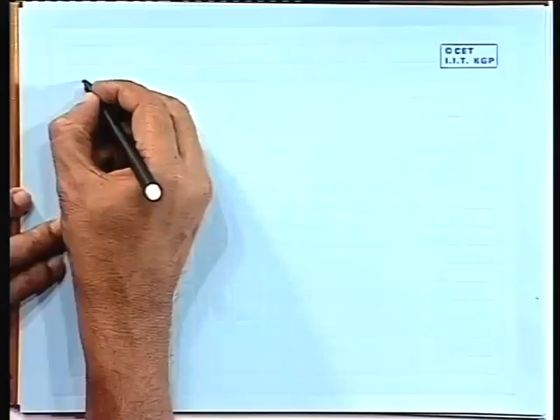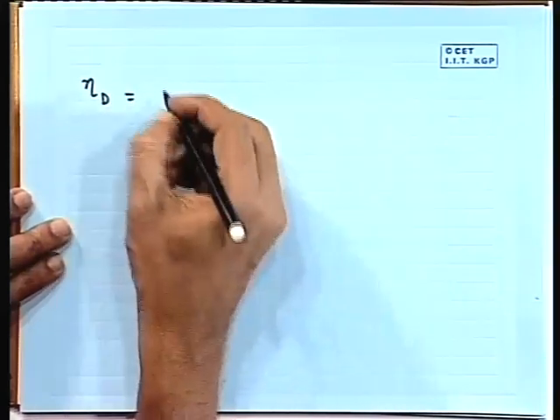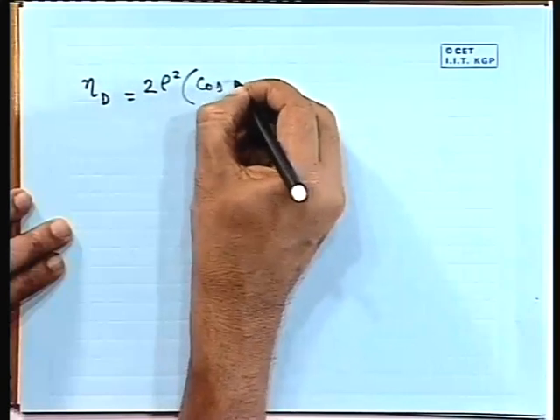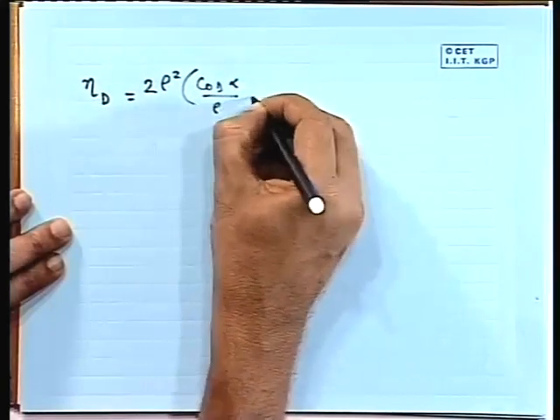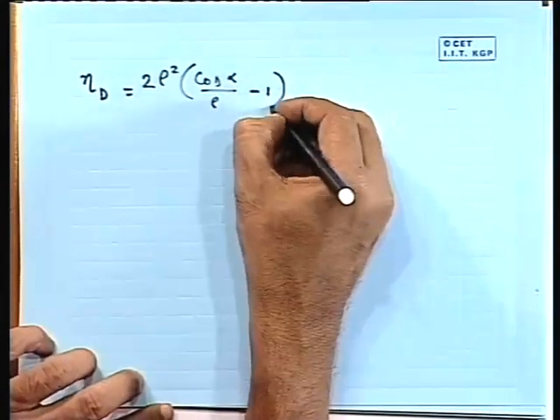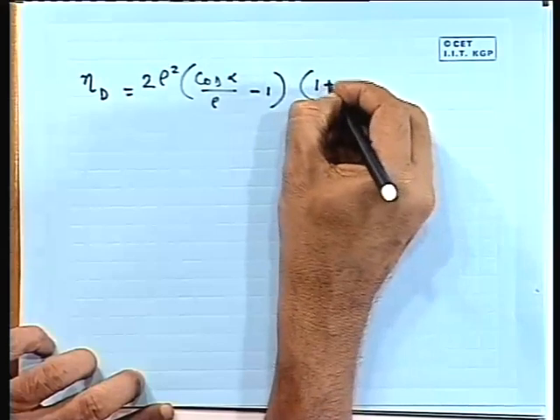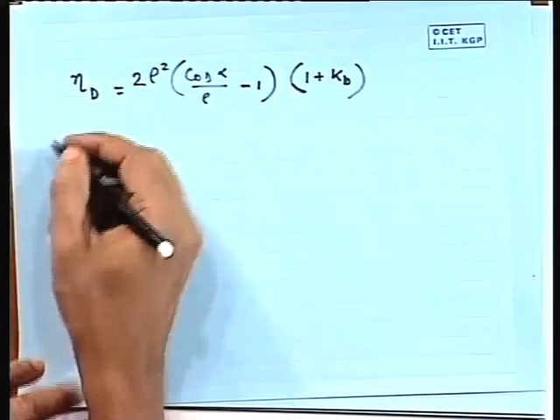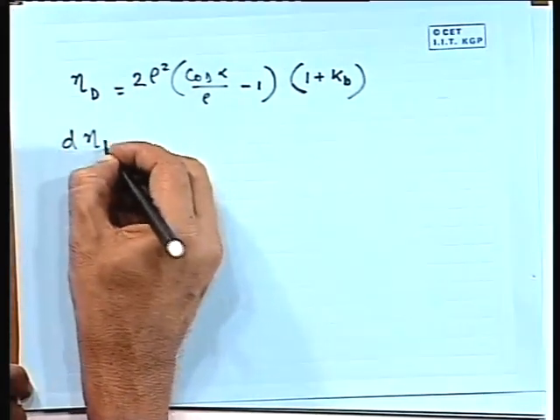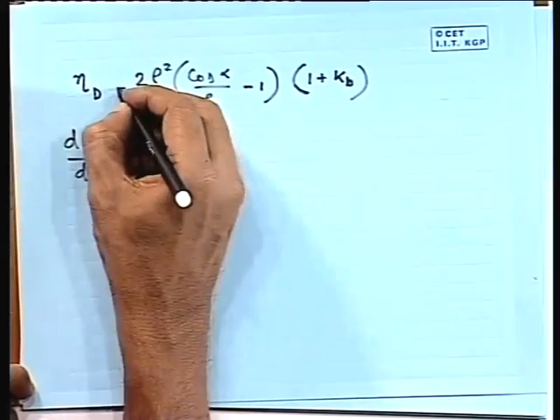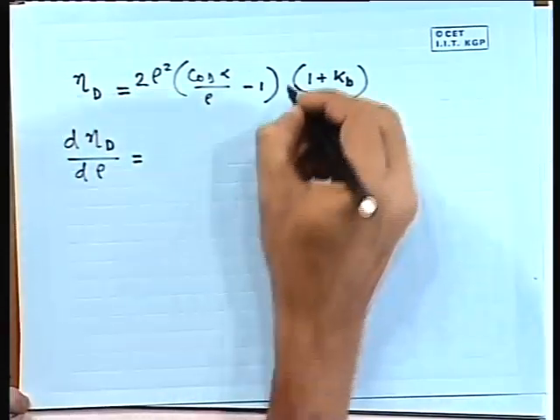So, just let me write it once again. Eta d is equal to twice rho square, cos of alpha by rho minus 1, and this is 1 plus Kb. d eta d by d rho, that is equal to, how much will be this quantity?